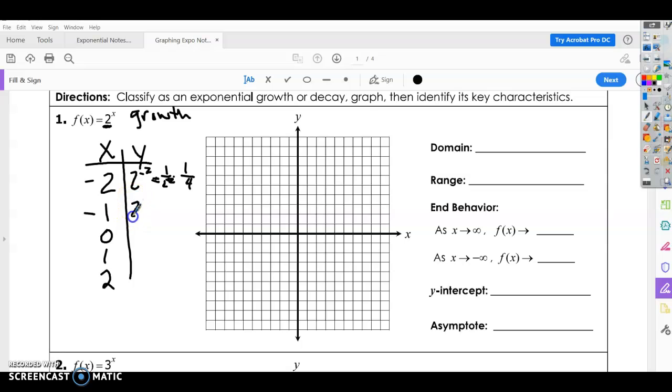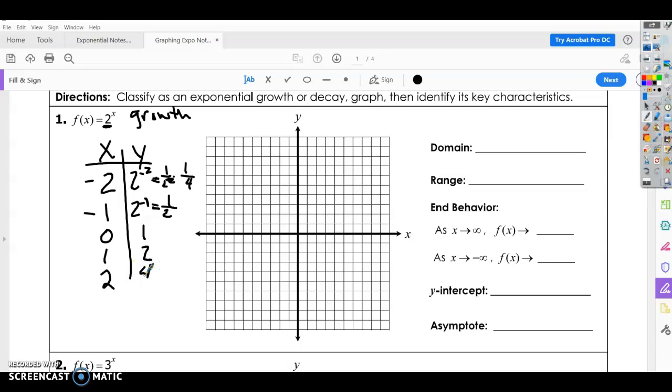So I've got 2 to the negative 1 power. Again, it's a negative exponent, so properties of exponents says it moves to the bottom. So 1 over 2 to the first is just 1/2. 0, properties of exponents, anything to the 0 power is 1. 2 to the first power is 2, and 2 to the second power is 4.